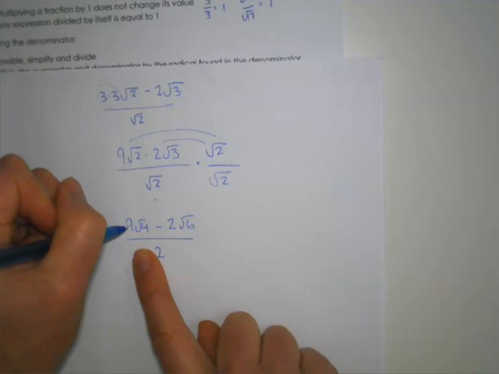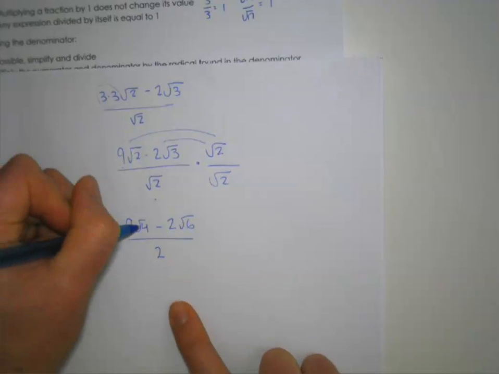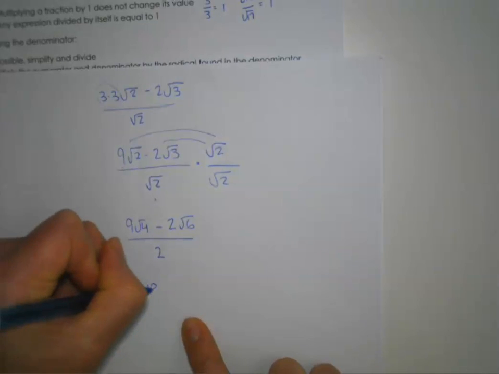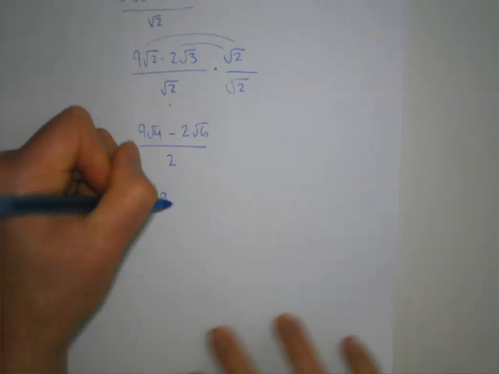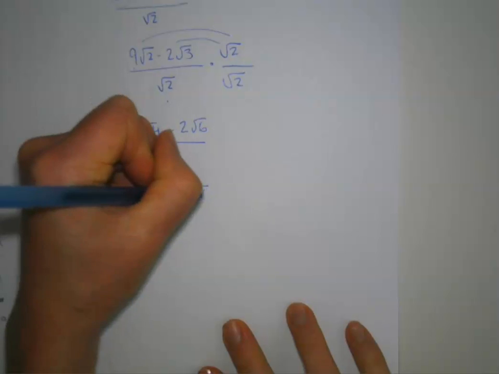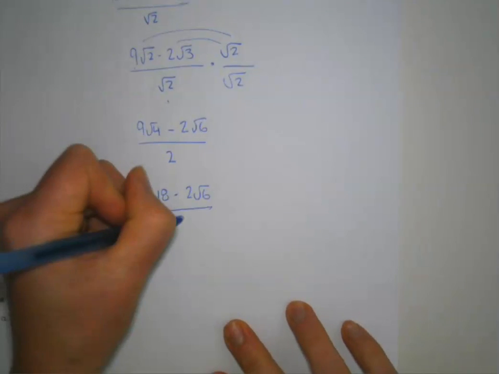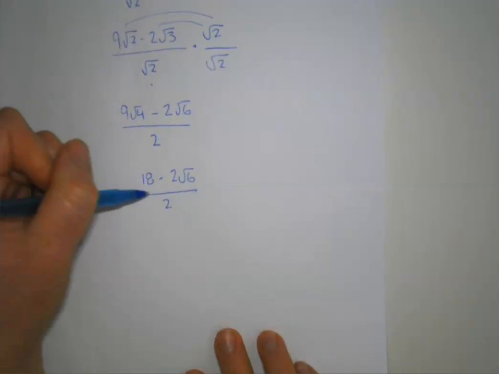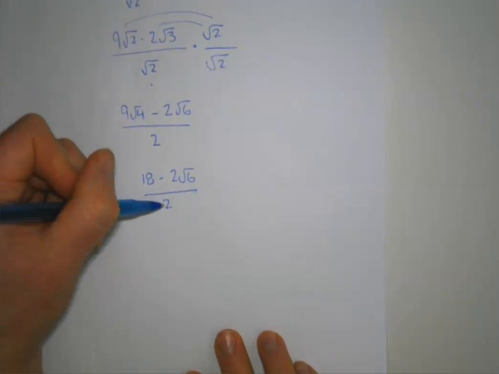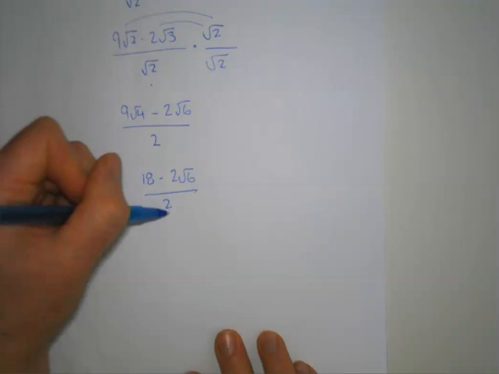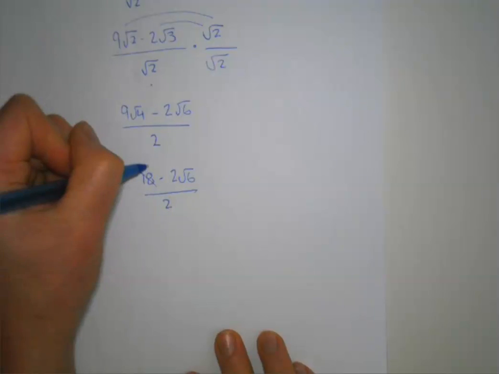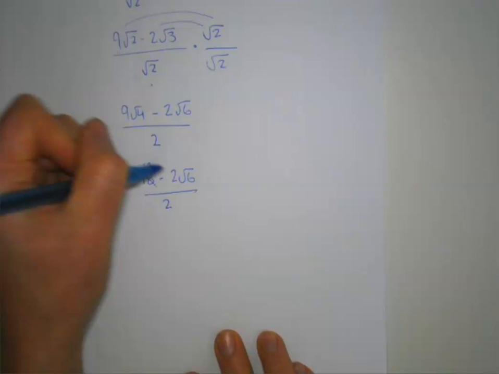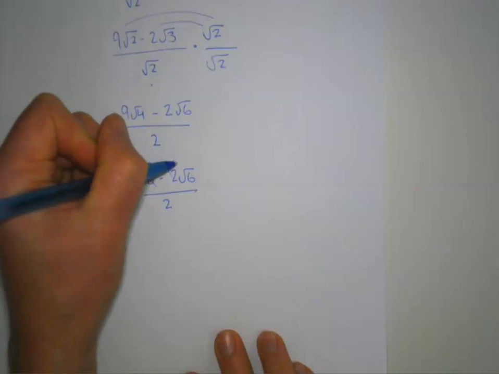Now simplifying further, root 4 is 2 like we just said, so 2 times 9 gives us 18 minus 2 root 6, divided by 2. Can we simplify that any further? Well, 2 would divide out of 18 and 2, and it can also divide out of there.